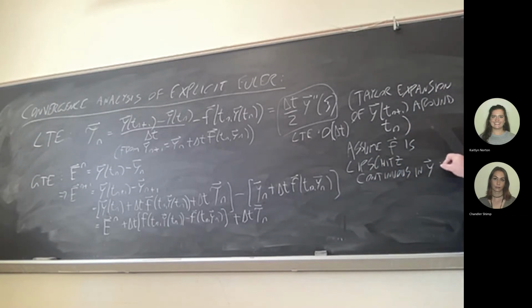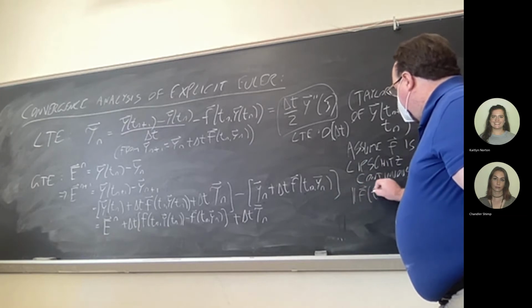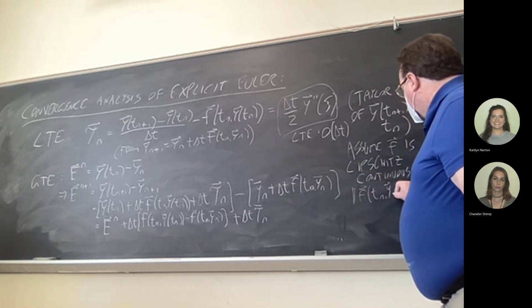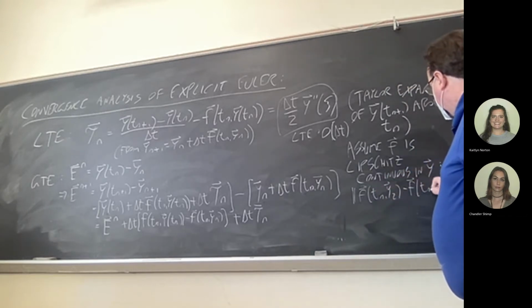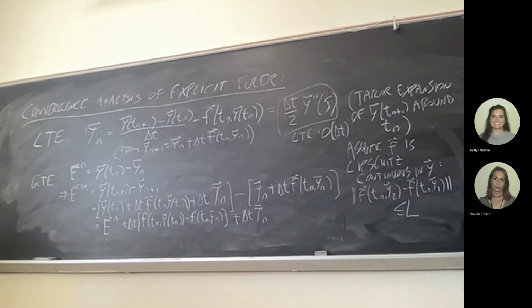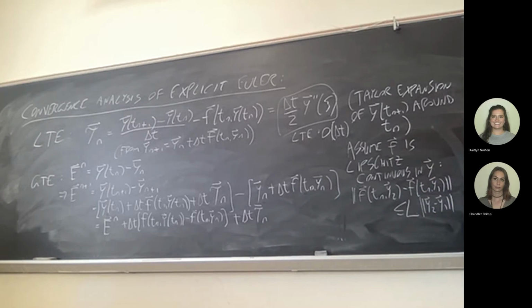So what that means is the norm of f evaluated at two different y values, but the same t value, is less than or equal to some Lipschitz constant, which I'll call capital L, times the difference in y values. And capital L is called the Lipschitz constant.